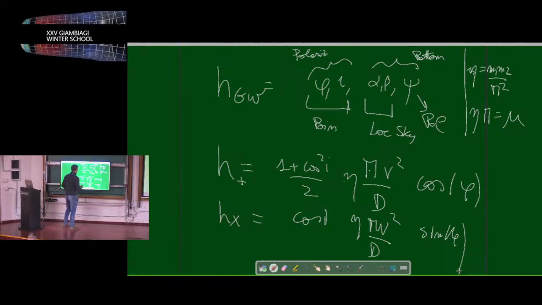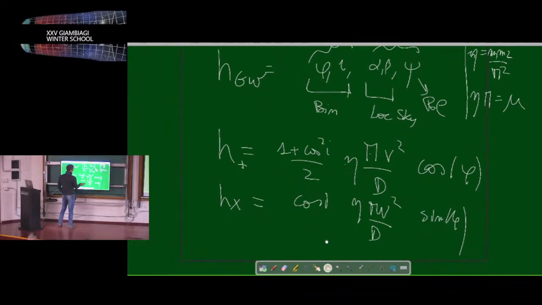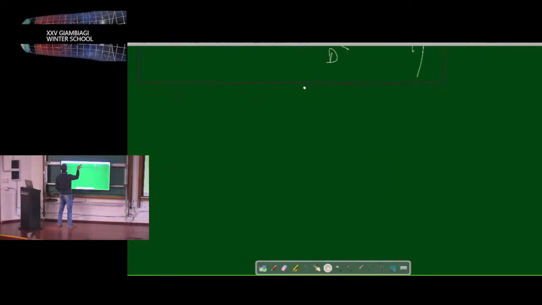So at the end of the day, we have to look into the data and check if there is a signal. Since the signal is very small, the thing to do is the following. We take the output of the detector, that will be hopefully signal plus noise.